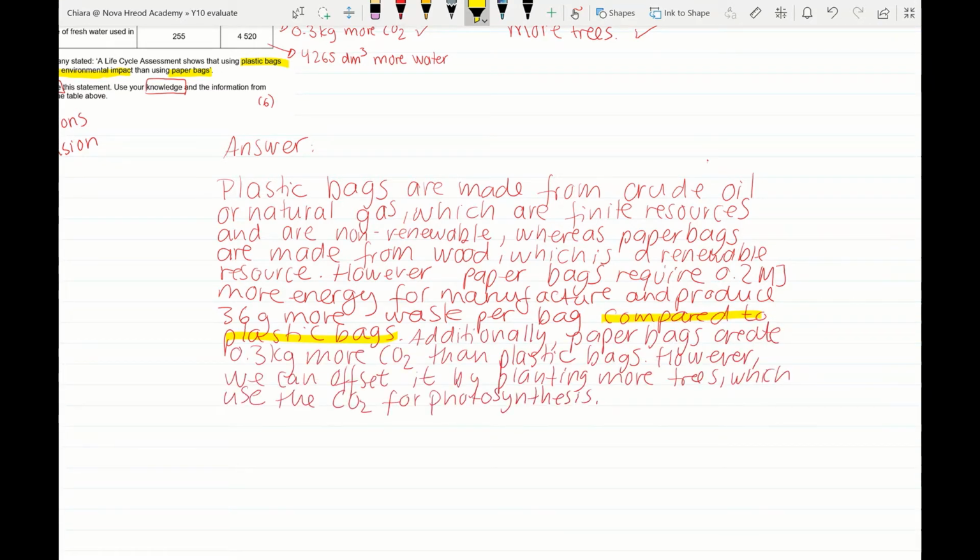Okay, so you can see that I've talked about paper bags creating 0.3 kilograms more CO2 than plastic bags. Again, make sure you compare them. However, you can offset it by planting more trees, which will use the CO2 that's being released by photosynthesis. So that means that they're reducing carbon dioxide in the atmosphere by photosynthesis.